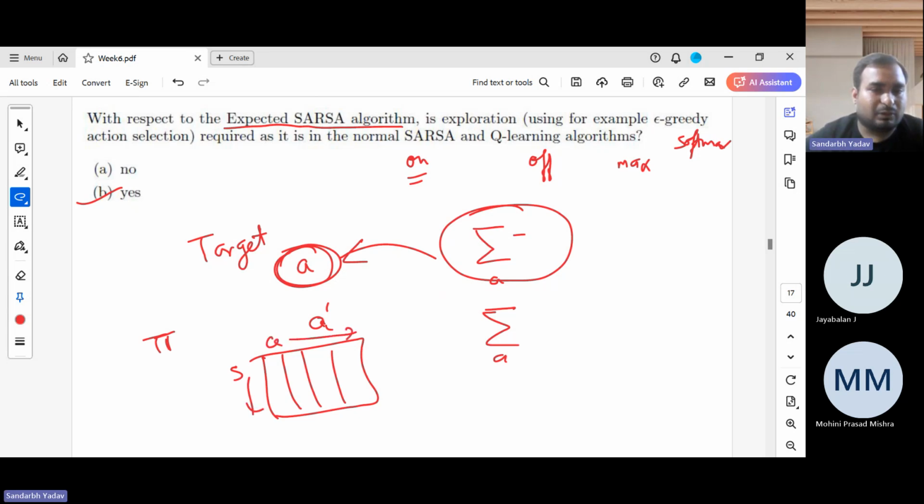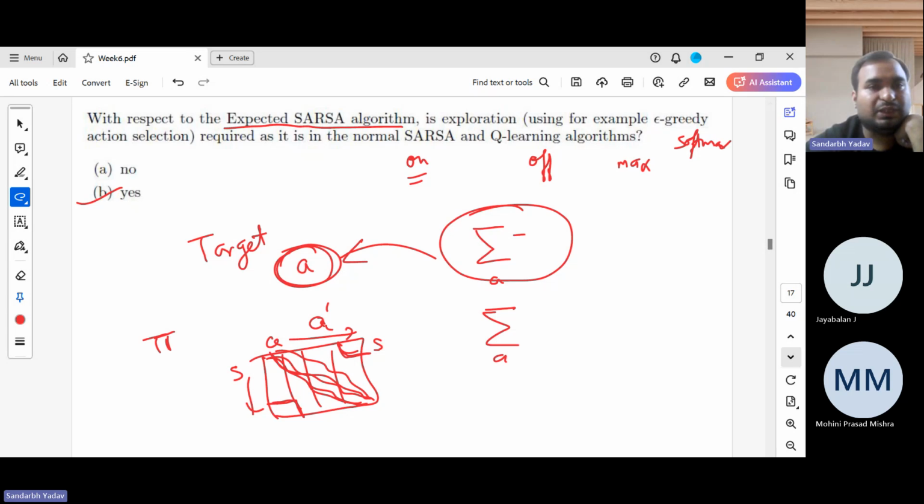If we follow some policy, it might be possible that we only update certain trajectories, but the state and action pairs at the corners might not get updated. So it is necessary that you explore all the actions, even in expected SARSA. I hope this is clear.